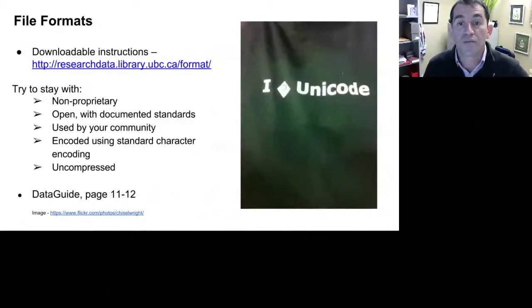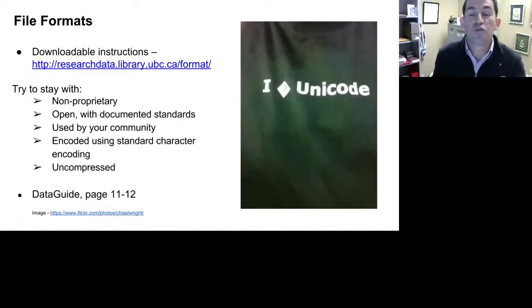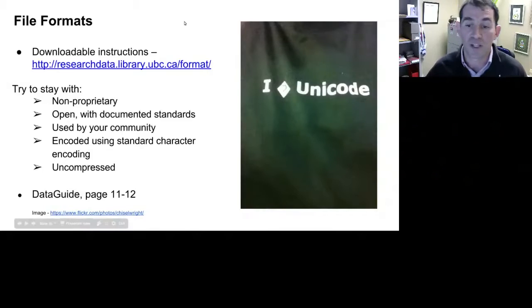Now, file formats. Many of you might be working with Excel spreadsheets to analyze your data, and if you keep your data as an Excel spreadsheet file, it's actually not good. In 20 years, you most probably will not be able to open your data set. Excel might not be in business anymore. Think about Lotus 1-2-3. It was a killer application just 15 years ago. We have data sets in that format that nobody can open anymore. We have information in Data Guide pages 11 and 12.